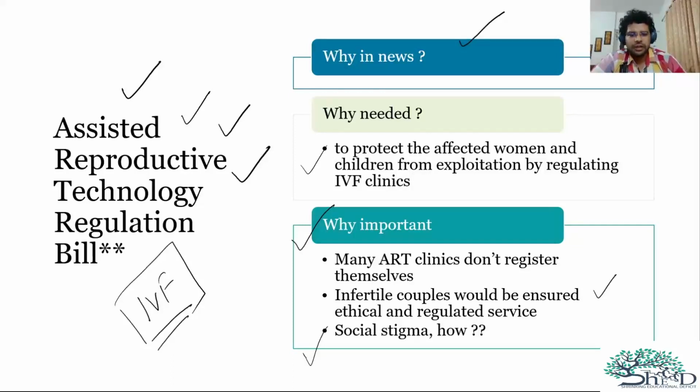Finally, social stigma. This relates to the infertile couple. In Indian society, a child is a mark of respect, right? As soon as marriage happens, everybody is like, please give us the good news. So if you're not having children, you can't tell people on their face that you are not able to have children.